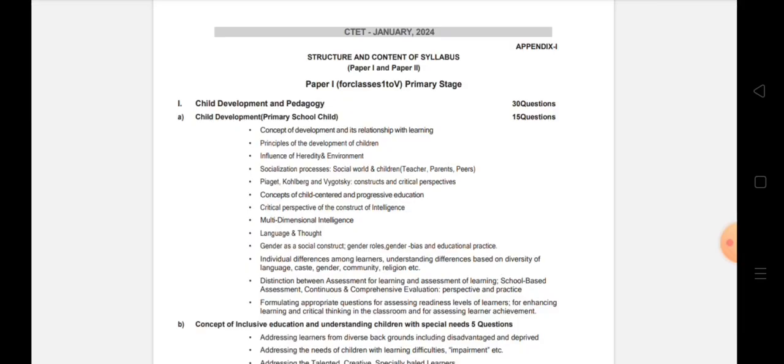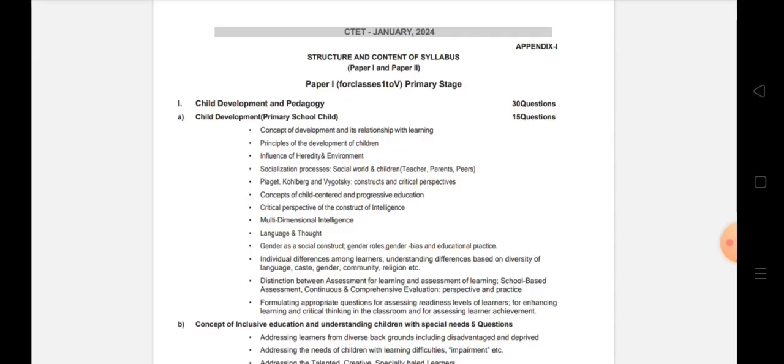So today we will discuss the lower primary section, for candidates who want to become teachers of the LP section. What you have to study, what you have to write, what the contents are, what subjects are included. Basically we will be talking about paper 1.